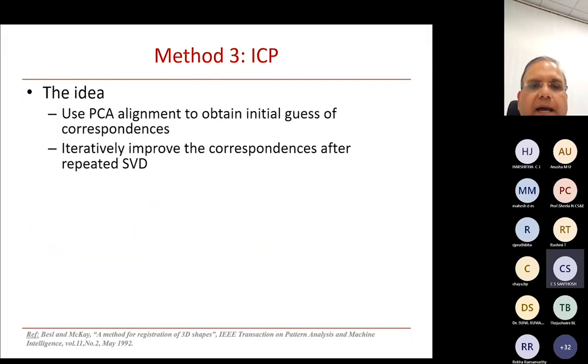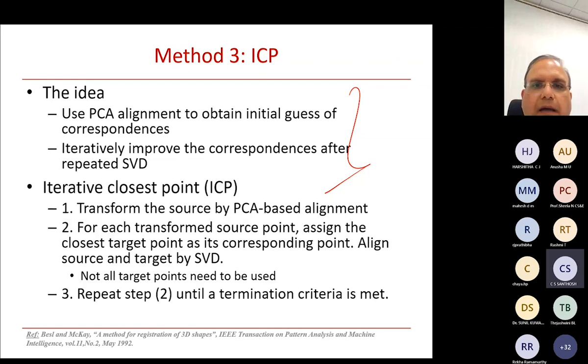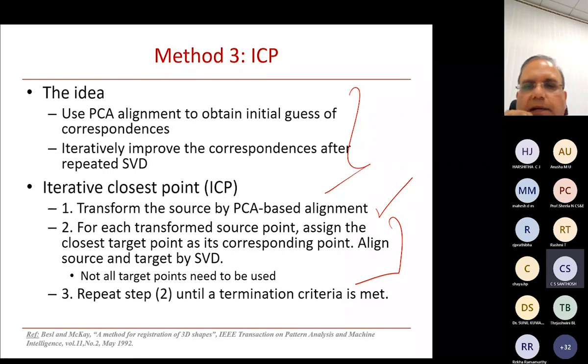And in ICP, we actually use the combination of PCA and SVD. With the help of PCA, we are able to translate one point set close to the other one, and then with the help of SVD, we iteratively align the two point sets. So here you see the translation is happening because of the PCA, and then with the help of SVD, the iterative alignment is happening.